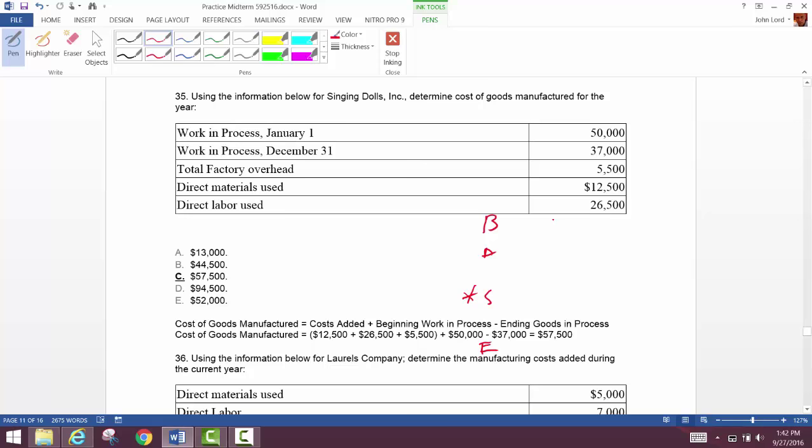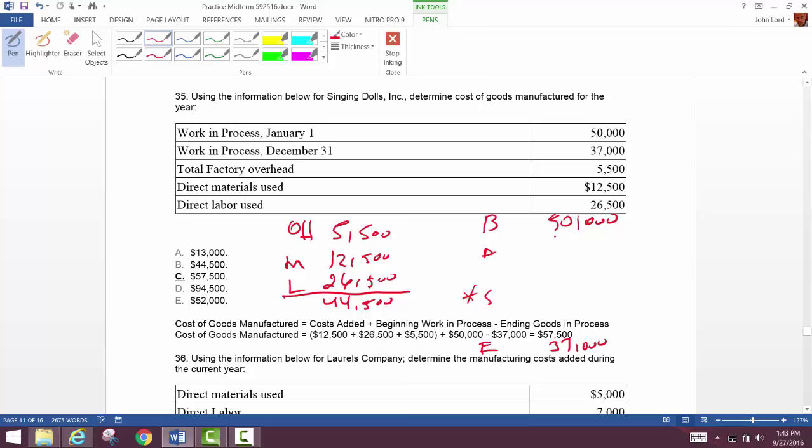Beginning balance is 50,000. We work the same one. Ending balance is what, 37,000? Okay, good. Adds are what? The overhead, the materials, and the labor, right? That comes to a total of 44,500.